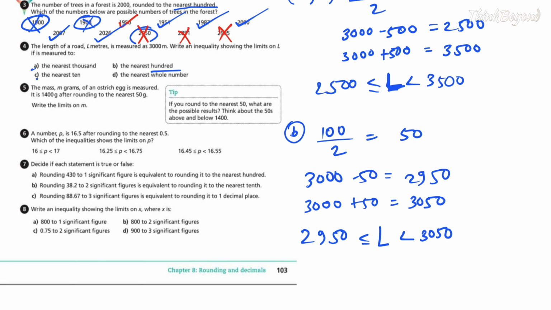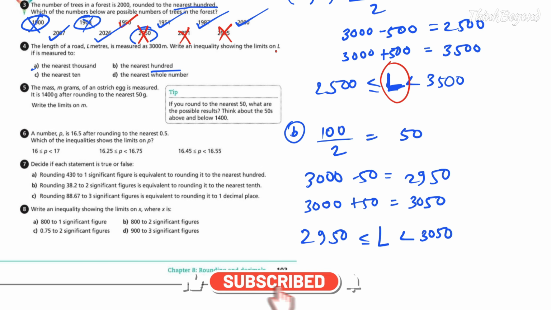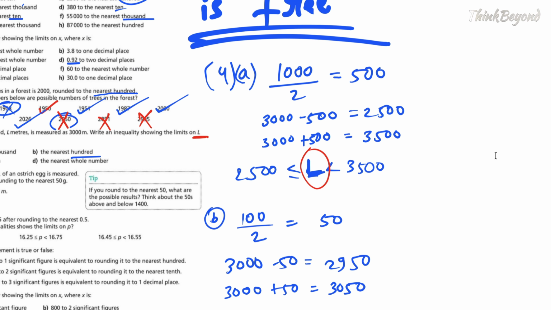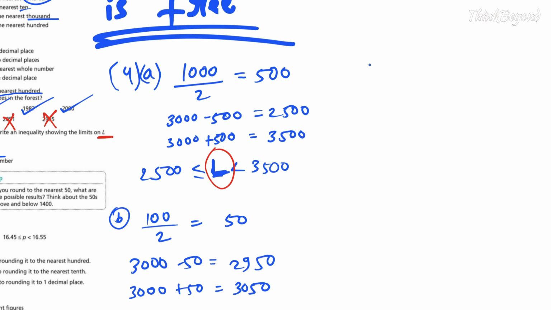Now for question C. Why are we writing L here? Why are we not writing the 3000? Because in the question it says showing the limits on L. That is why we are writing L. Now question C, to the nearest 10.